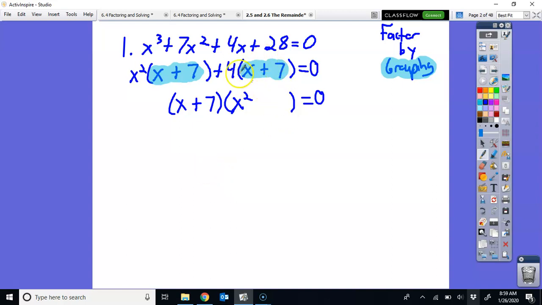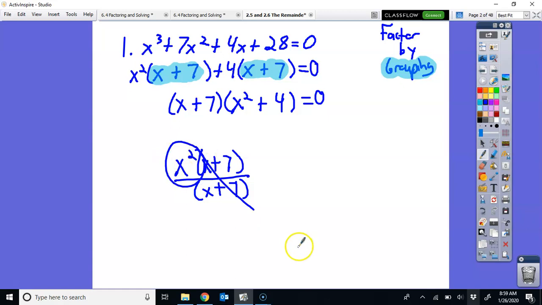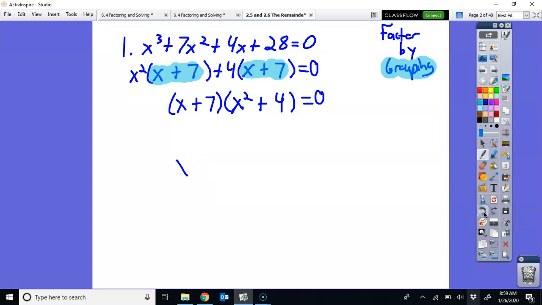If you divide x plus 7 out of this group, 4 would be the only thing left. What I mean by that, just real quick, if you divide this group by x plus 7, this cancels out. X squared is the only thing left. Same thing for this group. So when we say we're dividing it out, factoring it out, it's just like when we factor something really simple out to the front. We put it in the front, and then we write what's left in the other parentheses.